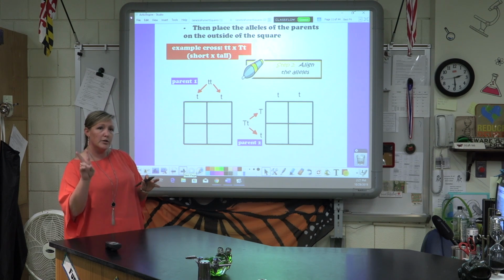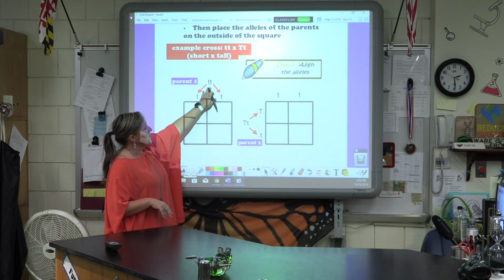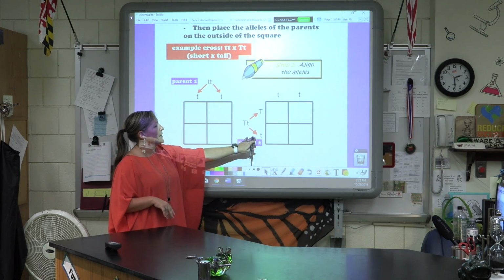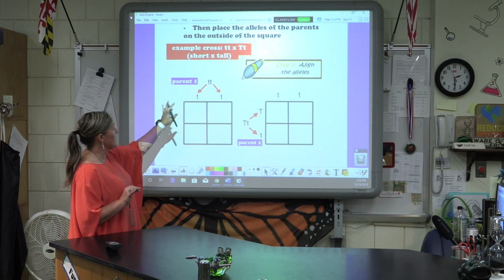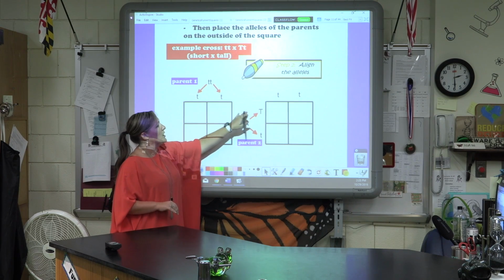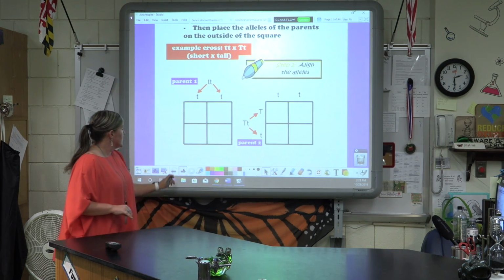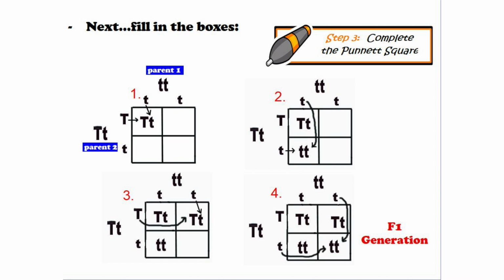and then you have 2 parent genotypes. Remember, genotypes are the alleles. So you have a parent 1 genotype and you have parent 2 genotype. It does not matter where they go on the box as long as they stay together. So we've got homozygous recessive, heterozygous. So when you go through, it's kind of like, I always tell the kids, like a multiplication table.